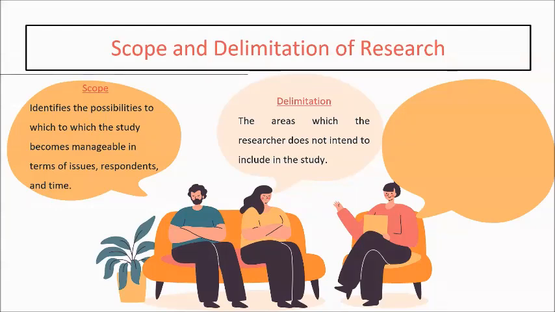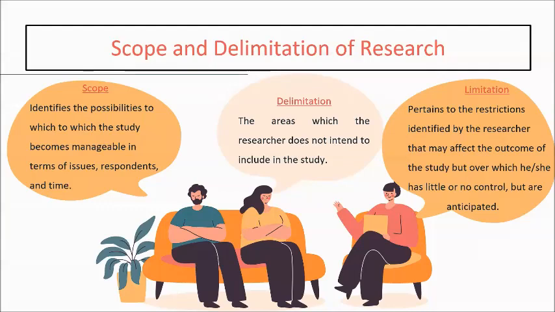Okay? So next, aside from scope and delimitation, we also have limitation of the study. So when we say limitations of the study, this pertains to the restrictions identified by the researcher that may affect the outcome of the study.